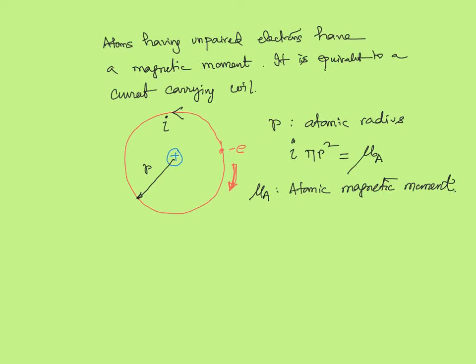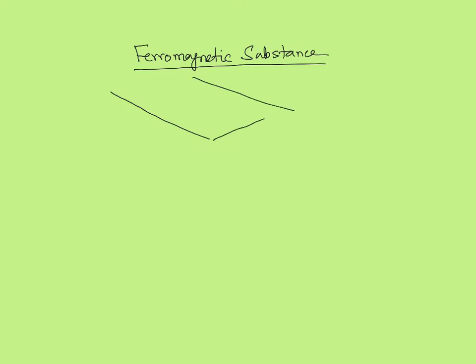Now there are certain substances known as ferromagnetic substances. I will show you what happens inside a ferromagnetic substance, inside a permanent magnet.